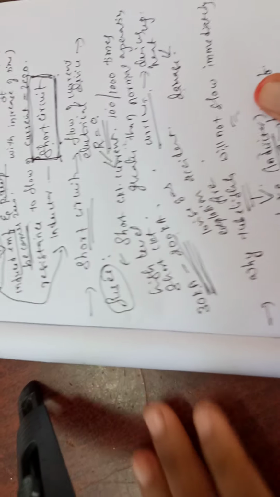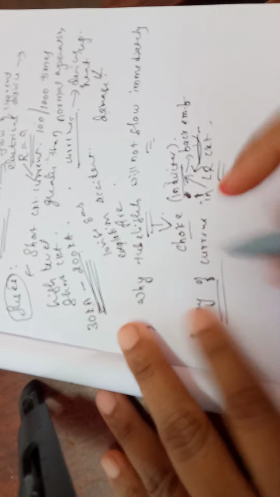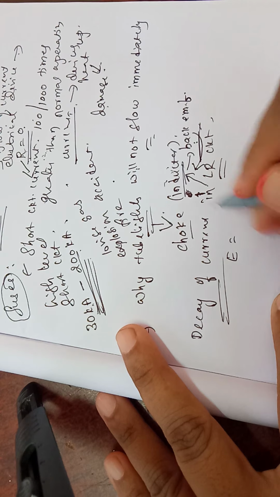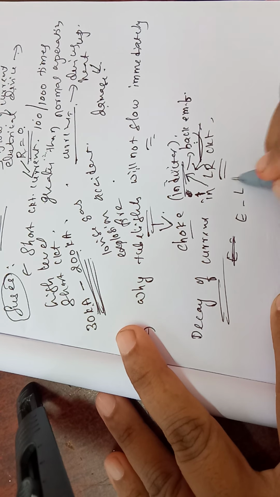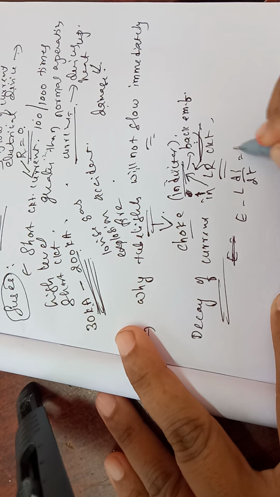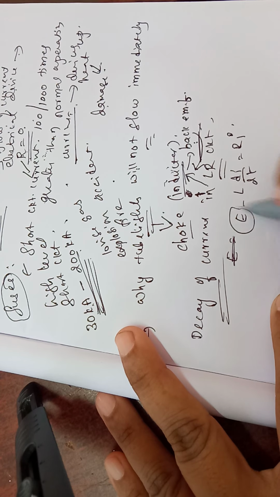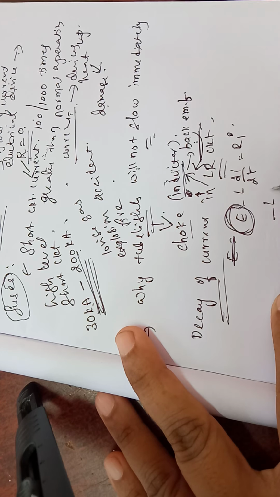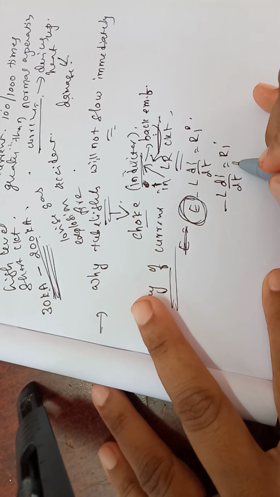In the starting we wrote E minus L di by dt is equal to Ri. Now I disconnected this, so minus L di by dt equal to Ri.